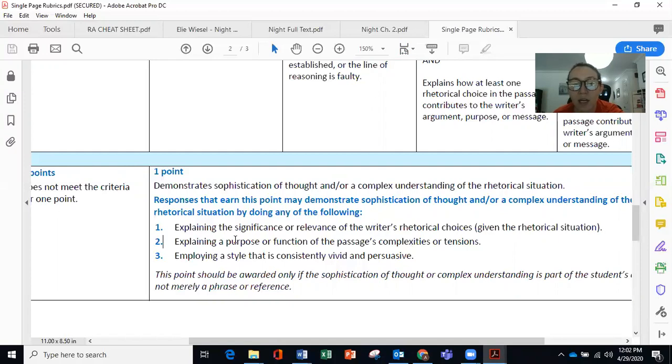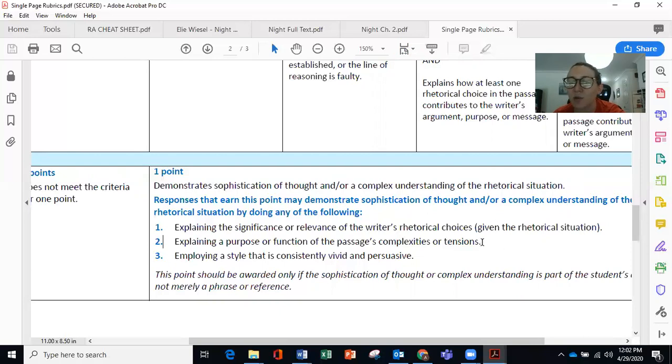For the second point, explaining a purpose or function of the passage's complexities or tensions, you need to notice very subtle things about the passage. Maybe there was irony that the author was using, or complexities where the author feels a different way about different things.